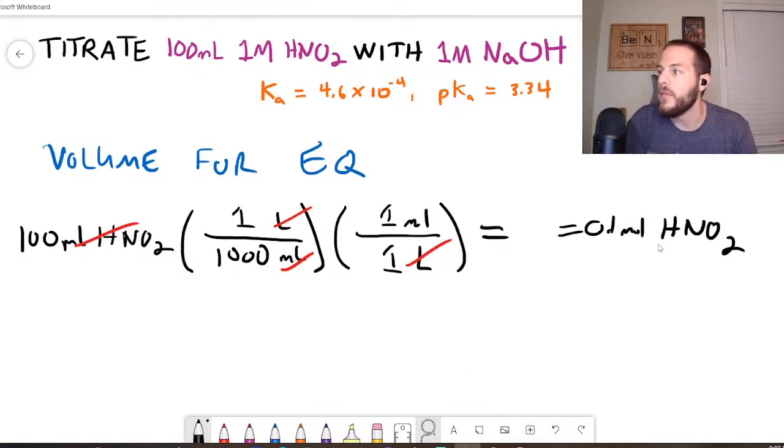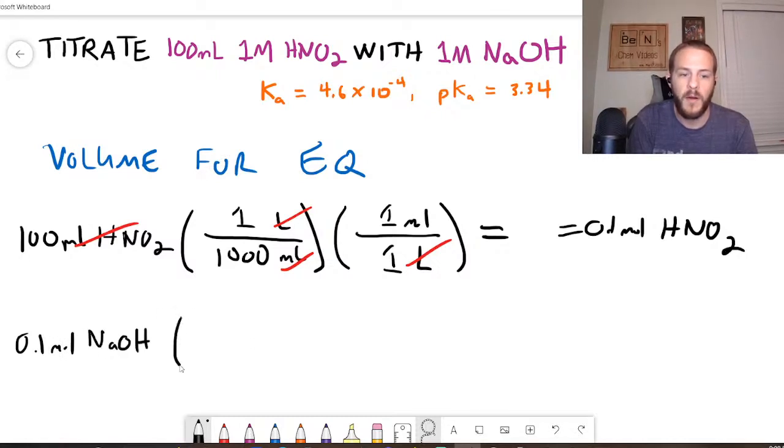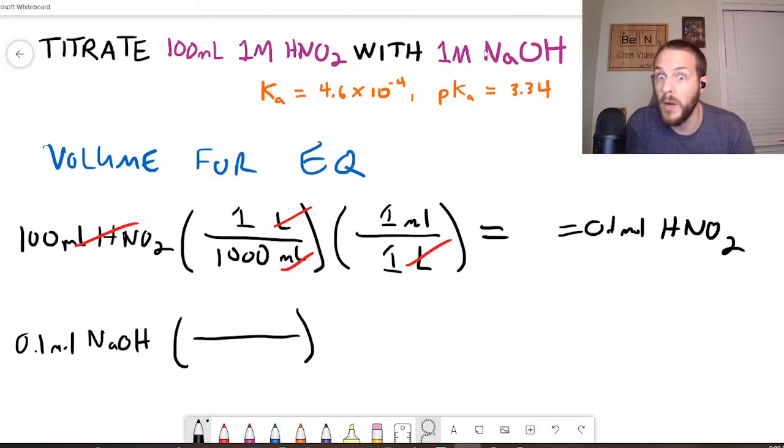So if that's how much acid I have, then I need this much of my base, my titrant, in order to reach the equivalence point, right? So if I have 0.1 moles of sodium hydroxide, how do I convert my way to get the volume of this? Well, we can use molarity, right? We have 1 molar sodium hydroxide, which means we have 1 mole for every 1 liter of sodium hydroxide.